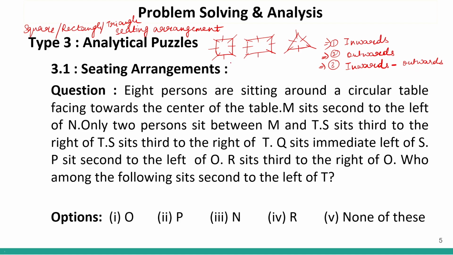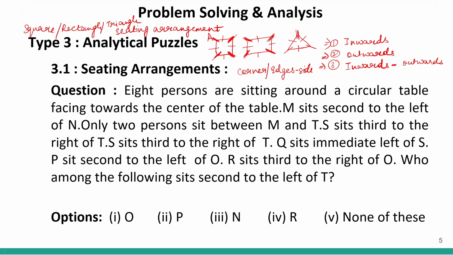Now specifically for these shapes, there is another possibility that either people are sitting at the corner or people are sitting on the edge, which you can also call the side. So in the question it can be written that A is sitting at the corner, so A will be over here. These are the 4 corners of this shape. Similarly for rectangle, these are the 4 corners.